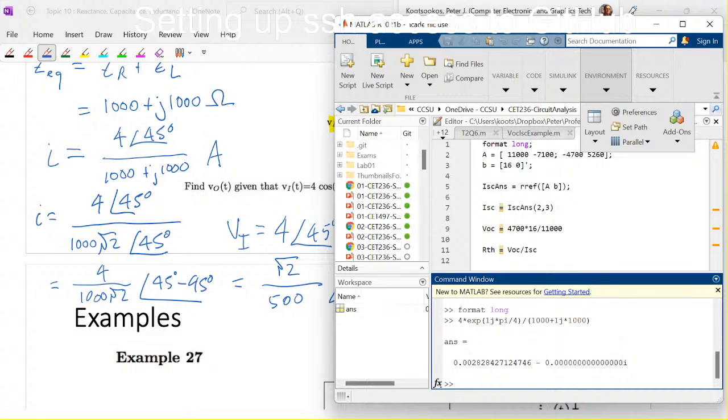That looks pretty close to 2 root 2 divided by 1000 for the real part, and it's zeros all the way down as far as the format long is concerned for the imaginary part. It's got a minus sign there, but there's not much there. Do you really want to see it?